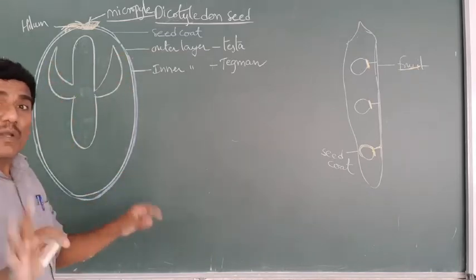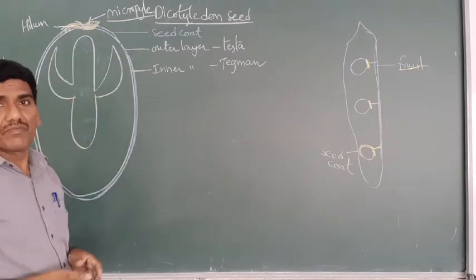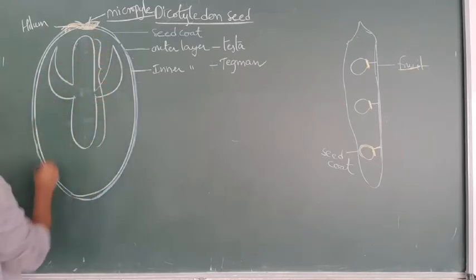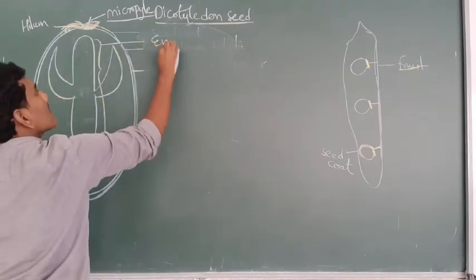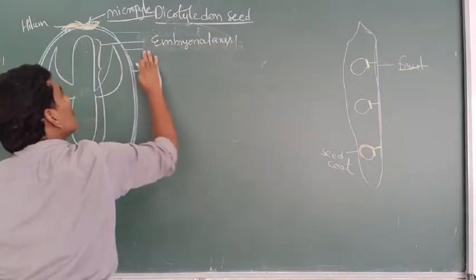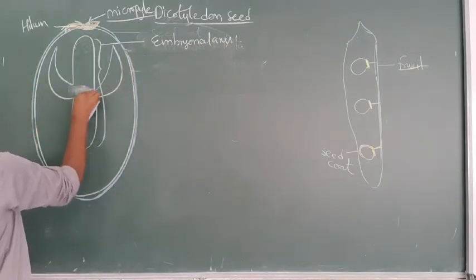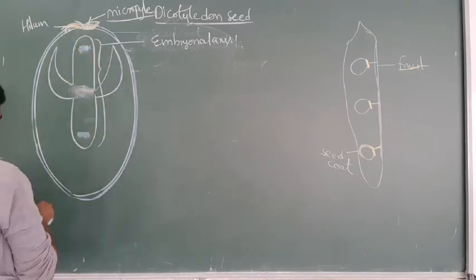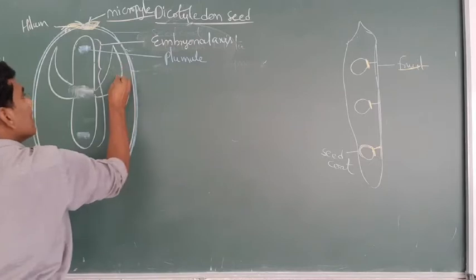For understanding purposes, I will show the embryo diagram of the inside of the seed. This is one embryo. From here to here, this is called the embryonal axis. This is also known as plumule. These are cotyledons.